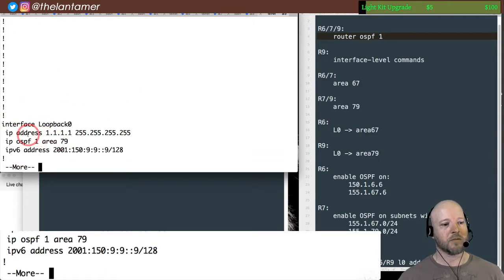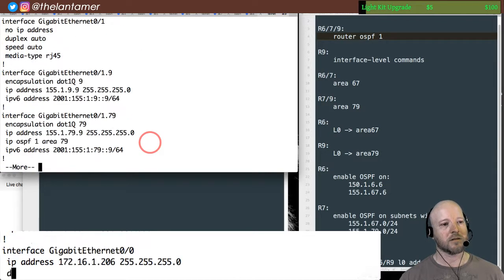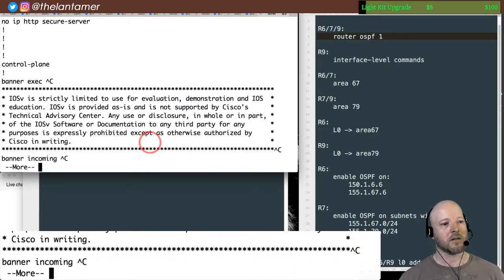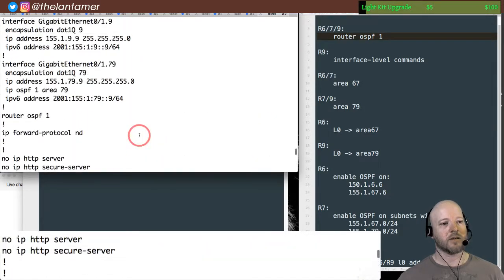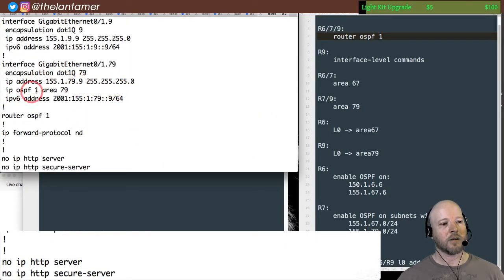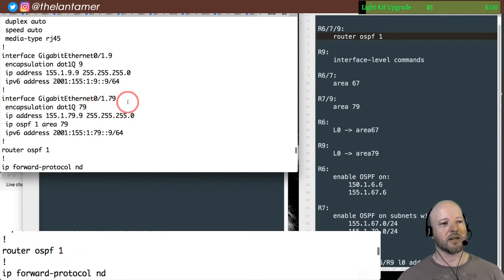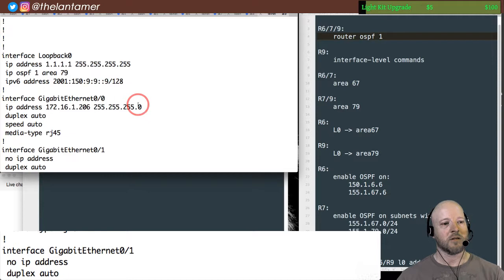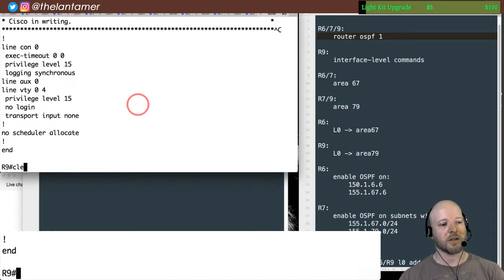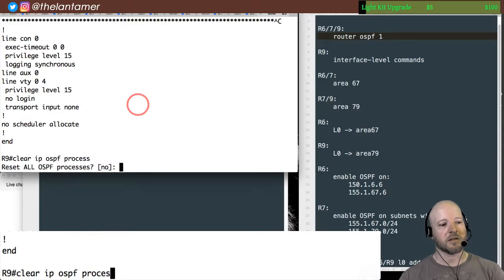Okay, interface loopback 0, IP address, okay. IP OSPF 1, area 79. And then the other interface, IP OSPF 1, area 79. Do I need to clear that here as well? Clear IP OSPF process. Yes.